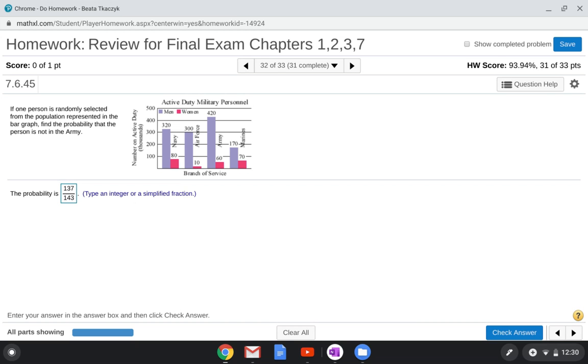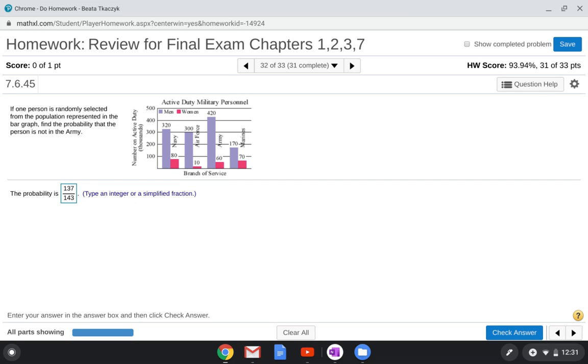Okay, 137, 143. What did I do wrong? Let's see. 320, maybe I added them wrong. Plus 80 plus 300 plus 10 plus 420 plus 60 plus 170 plus 70, 1,430. That was correct.